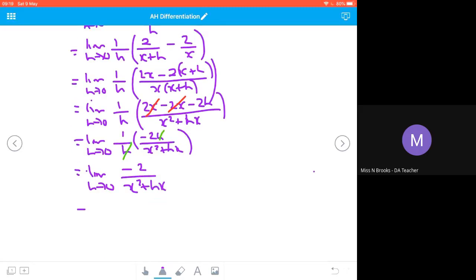If I let h equal 0, that's going to eliminate the plus hx, so I'm going to be left with minus 2 over x squared, which is what I would expect if I had made my function 2x to the negative 1, because I would have multiplied by negative 1 and lowered the power by 1, and I would have ended up with negative 2x to the minus 2, and then using my rules of indices, I would have been able to make that positive by moving it to the denominator.